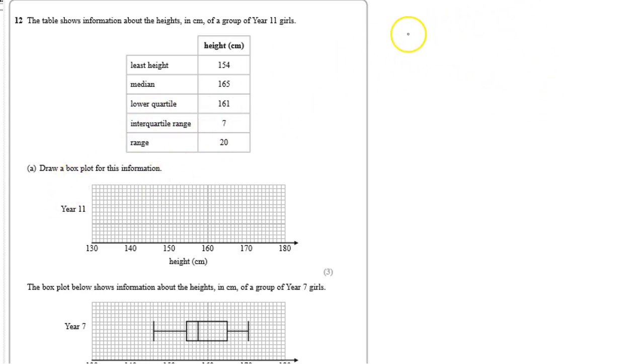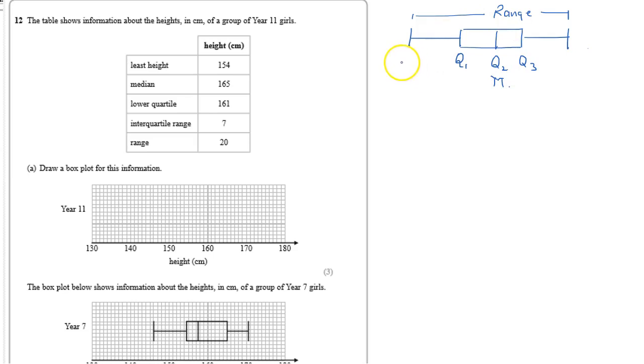You know, when we make a box plot, we need these values. The difference in these two is called the range. This is the first quartile, this is the second quartile, and this is the third quartile. This is also called the median. This is the least and this is the highest.